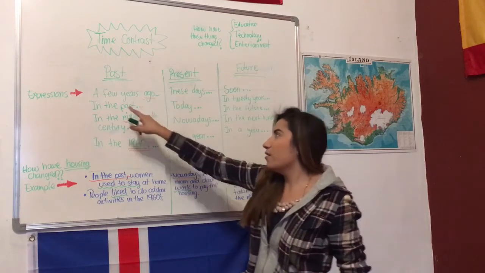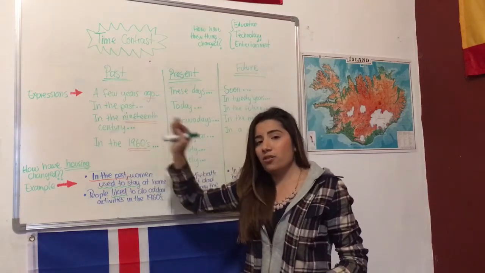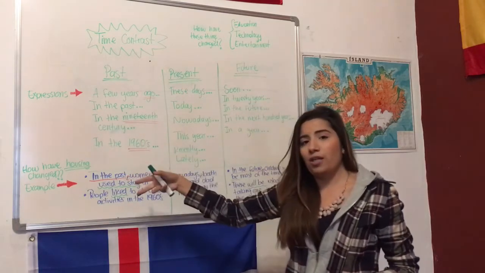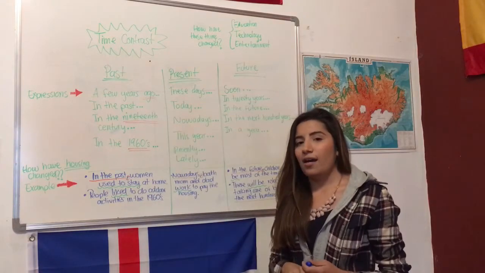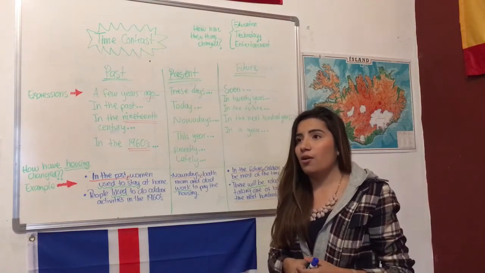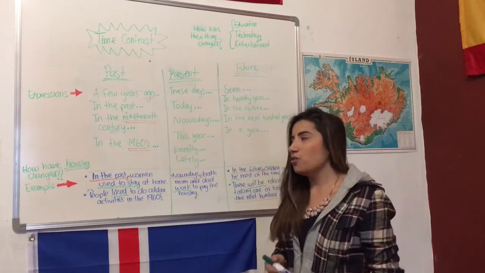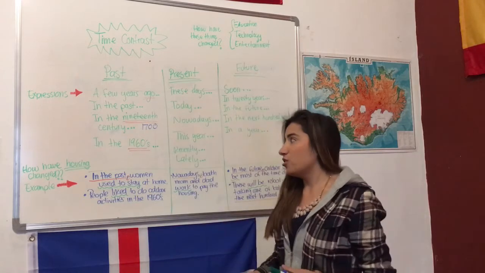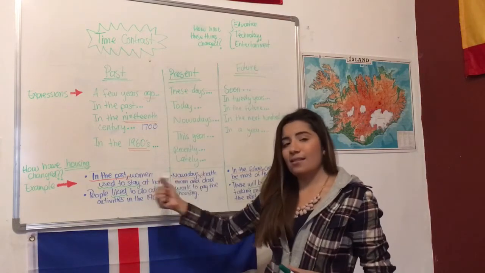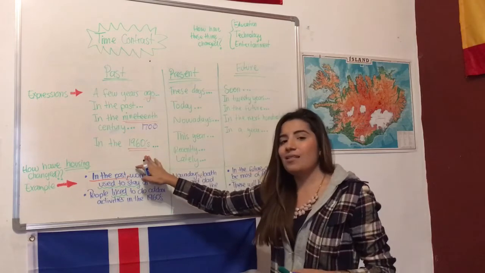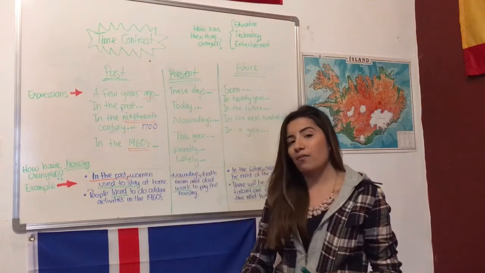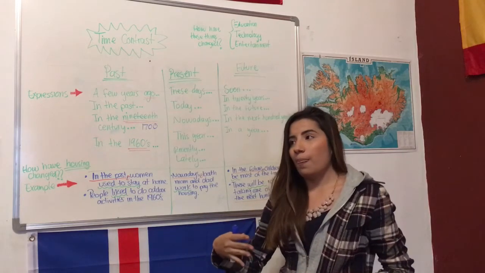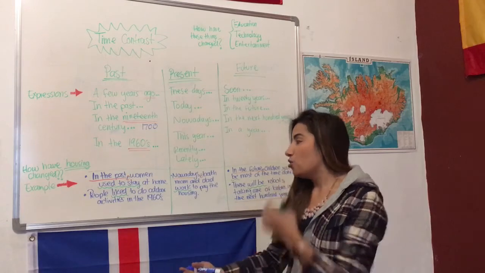So for example, I can say a few years ago, or 10 years ago, 2 years ago, or for example here, in the 19th century, or in the 18th century, so I'm talking about the 1800s or the 1900s. The next one, in the 1960s, okay, so I can change this number with whatever number I want. Whatever I want to say happened then, I can use that expression.